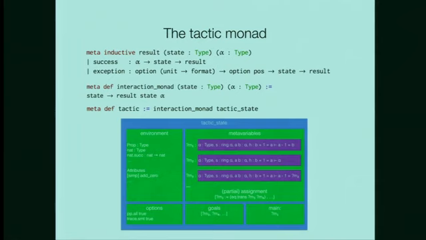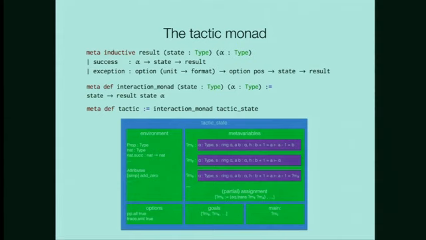Each hole has the context and the type of what needs to be synthesized there. We have a partial assignment. Also, some holes have already been solved. We have the goals that are still open, right? That's when you print in Lean, the goals that are still open is this list here that you are getting. And you have the initial goal also stored there.